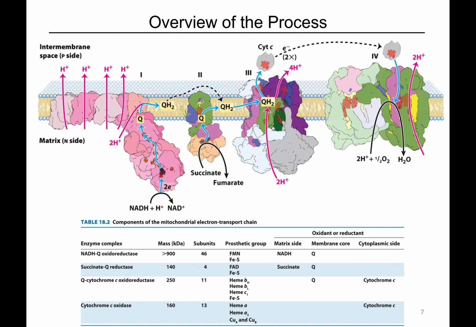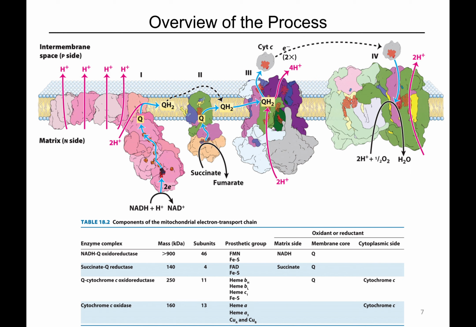Coenzyme Q is the carrier molecule that takes electrons from one of these two complexes and moves it to complex 3, which is sometimes called the BC1 complex. Here, we're going to call it Q cytochrome C oxidoreductase. So it oxidizes coenzyme Q, and it reduces this protein called cytochrome C. Okay?